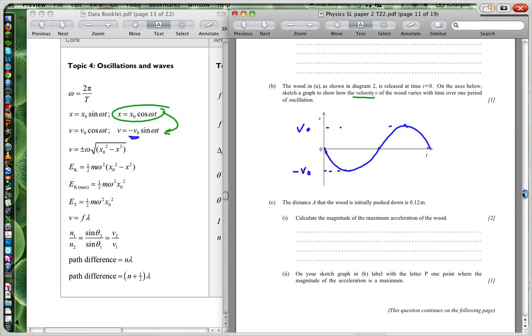Then it says calculate the magnitude of the maximum acceleration of the wood. Now we know that acceleration is equal to minus omega squared x, and we know that this over here is 0.12. We already have worked out omega for this one, so we can use this, but we could also use our a is equal to minus 14 over 0.7.